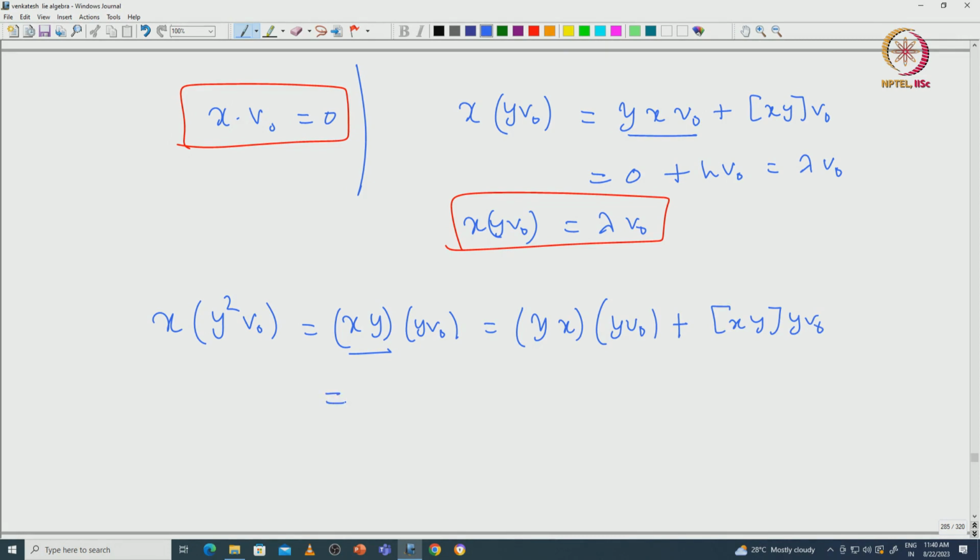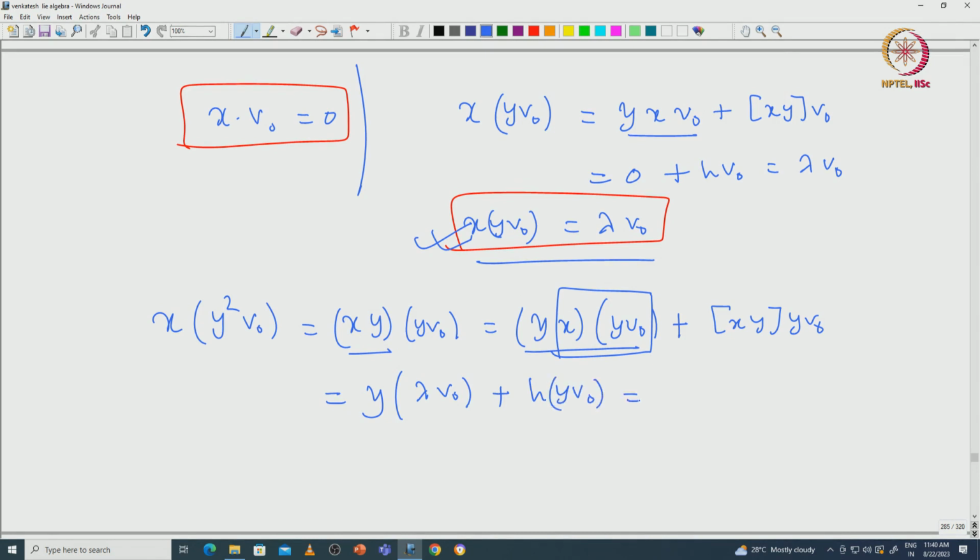This can be computed using the formula we have here. So this is y x y V naught, which is lambda V naught, plus the bracket x y, which is h, so this gives h y V naught.